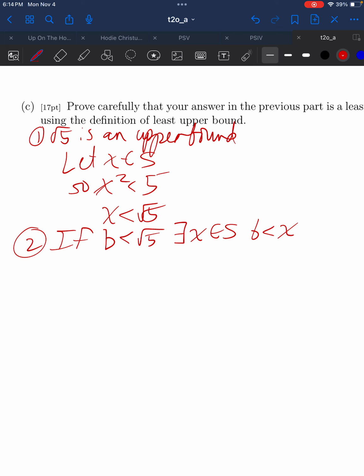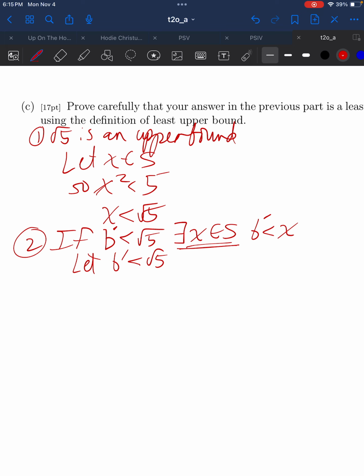In any case, it'd be better to call this B prime, because that's what the book calls it. So let B prime be less than square root of 5. We need to construct something in the set S which is bigger than B prime.